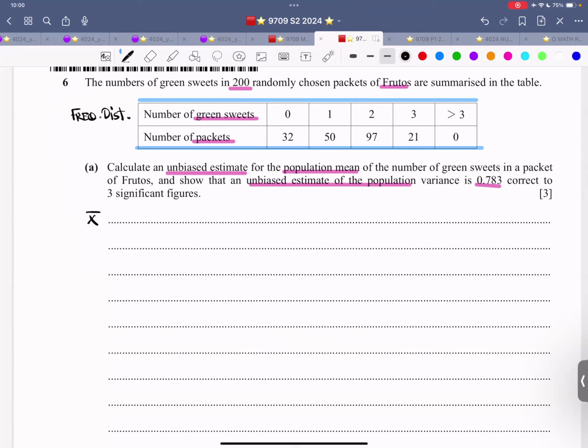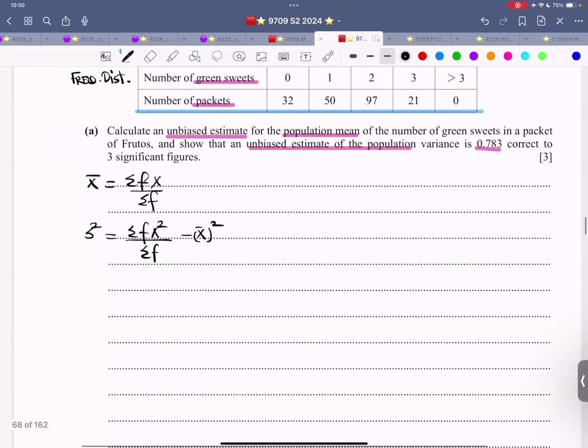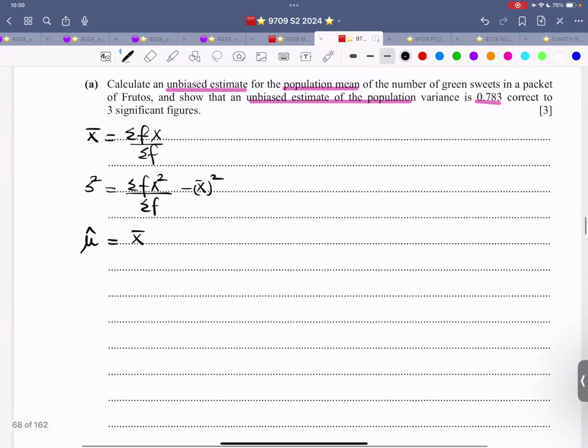First of all, X bar, that is sigma Fx over sigma F. That's one thing. And we know that sample variance is sigma Fx squared over sigma F minus X bar squared. And then unbiased estimate of population mean is the same thing as sample mean.